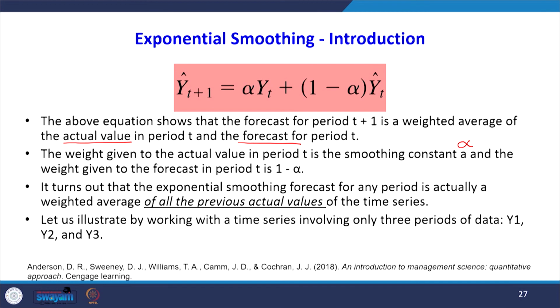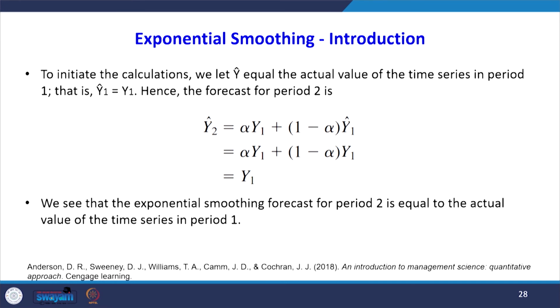Let us illustrate by working with a time series involving only 3 periods of data: y1, y2, y3. To initiate the calculation, we let y hat 1 equal the actual value of the time series in period 1. So, we assume that the forecasted value for period 1 is the actual value. Hence, the forecast for period 2 is y2 hat = alpha into y1 plus 1 minus alpha into y hat 1.